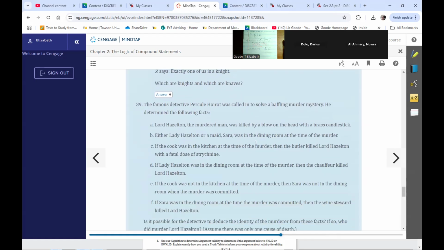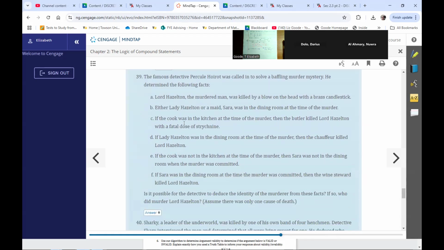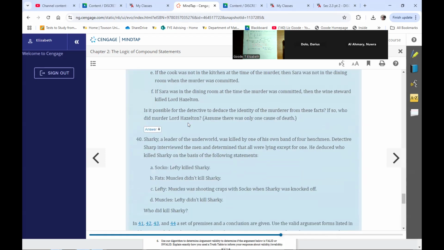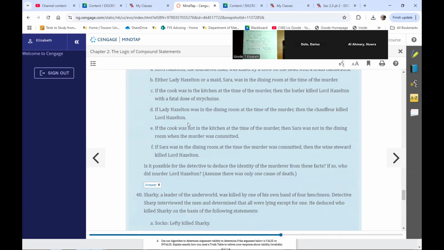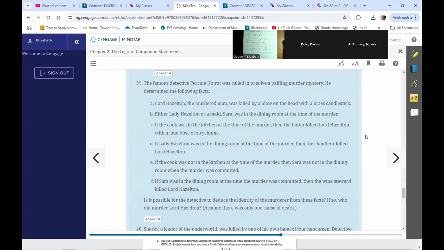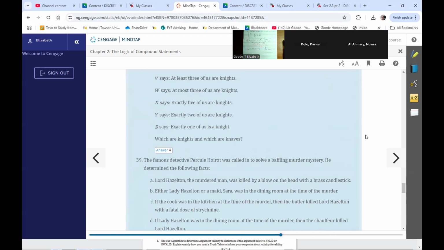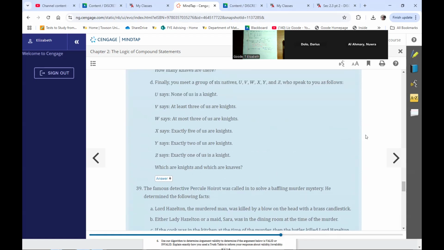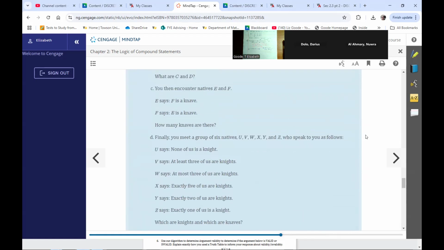Oh okay, I have a question. Sure. Do we have a quiz tomorrow? Yeah, I'm thinking about giving a quiz about argument validity, invalidity, or just some more practice with if P then Q, different ways to say if P then Q. I'm thinking about it.